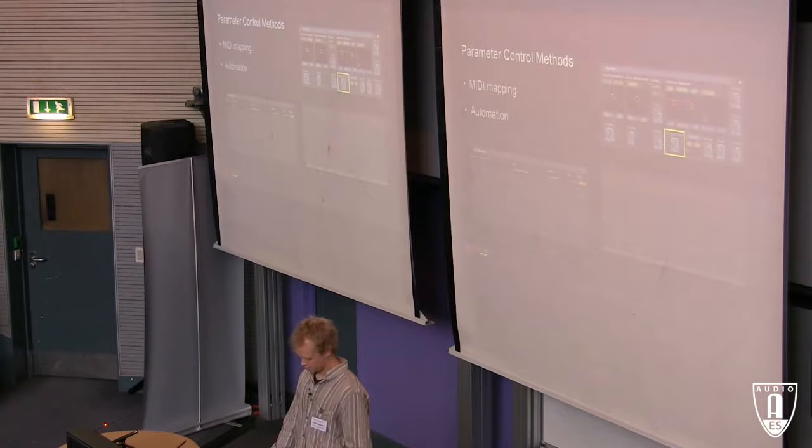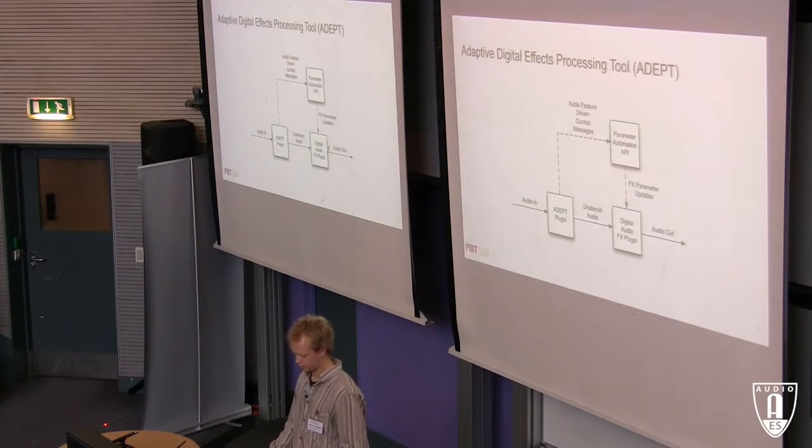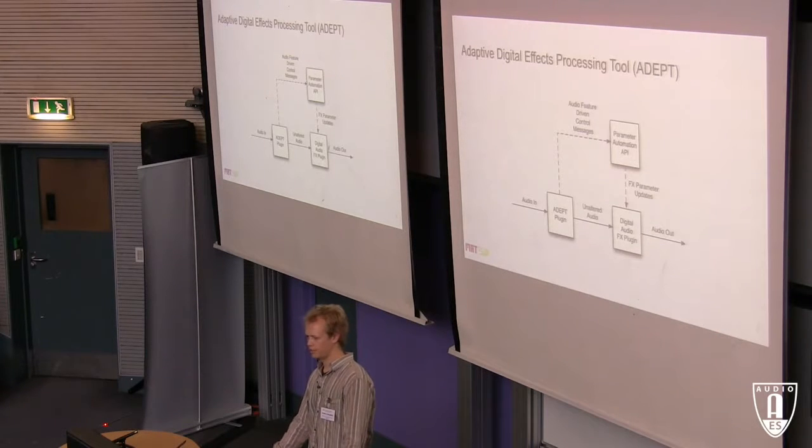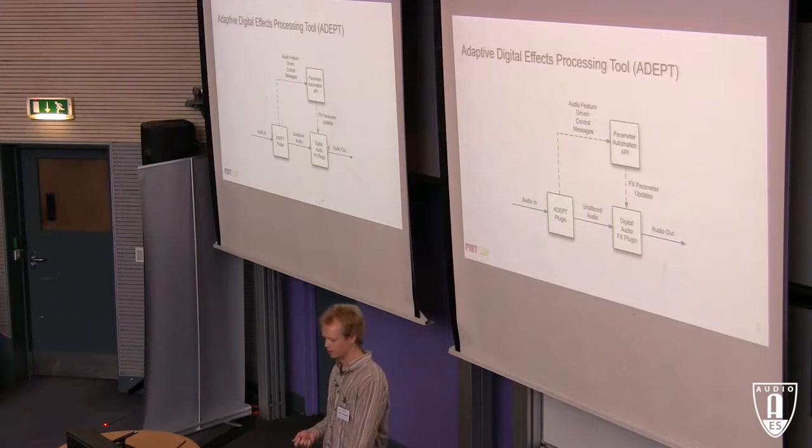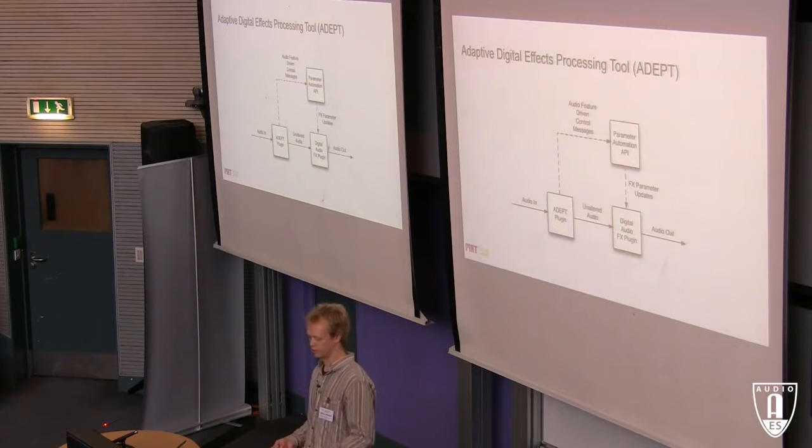So the idea here was to see if we can automate some of these tasks while integrating with the existing music production tools. So in our example, say the effect parameter at play is the decay time, and the characteristic of the audio is the pitch.